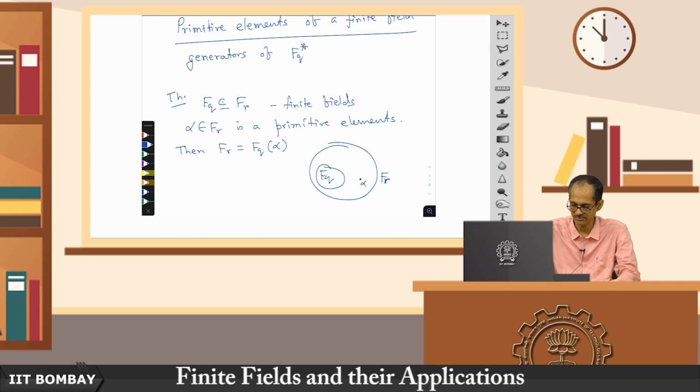If you try to put alpha in and construct a bigger finite field of F q, all the powers of alpha must come in. So there will be nothing left in F r: all the elements will be obtained as powers of alpha, and 0 is already here. So F r will be the simple extension obtained by adjoining alpha, and that is indeed the proof, that is all.